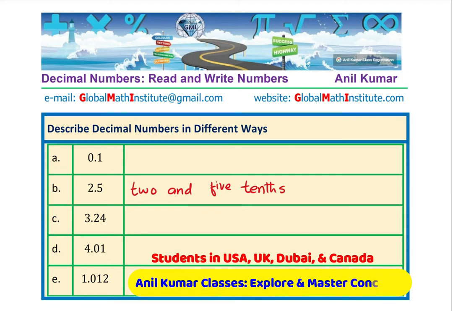So the same number which we said 25 tenths could also be written in this particular form, 2 and 5 tenths. Do you see that? So this decimal point normally we'll say and, and any number before that will come before and all those numbers after that will be followed by the place value, which is tenths. Makes sense, right?